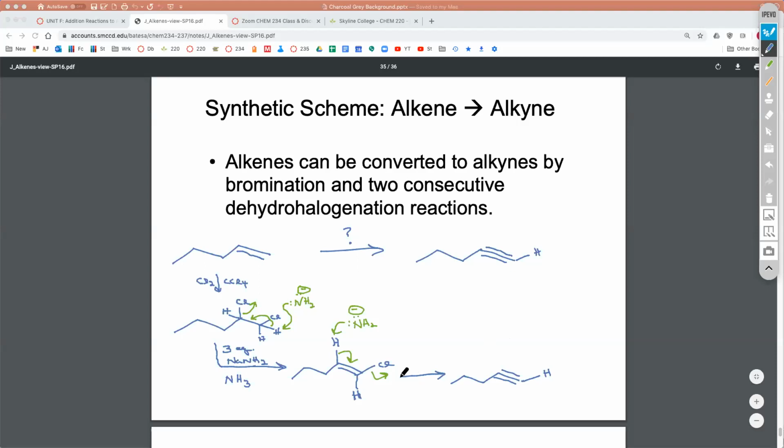Actually, I'm going to change this to green just to show that it's part of the mechanism. I'm not adding any new material. All right. And so then the NH2 minus comes in. Grabs that hydrogen, leaving behind the electrons on the alkynide ion.